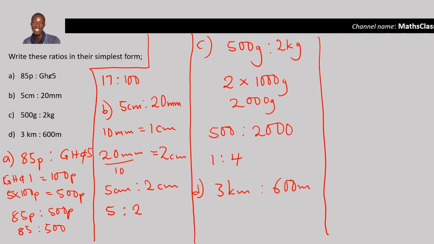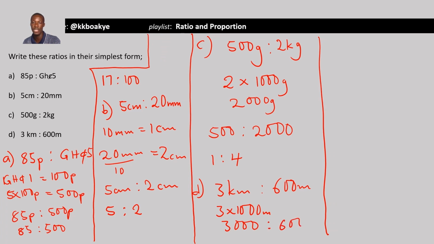And so let's convert 3k to meters. That will be 3 times 1000 meters. That will give us 3000 meters. So we have 3000 is to 600. And that will give us 5 is to 1.